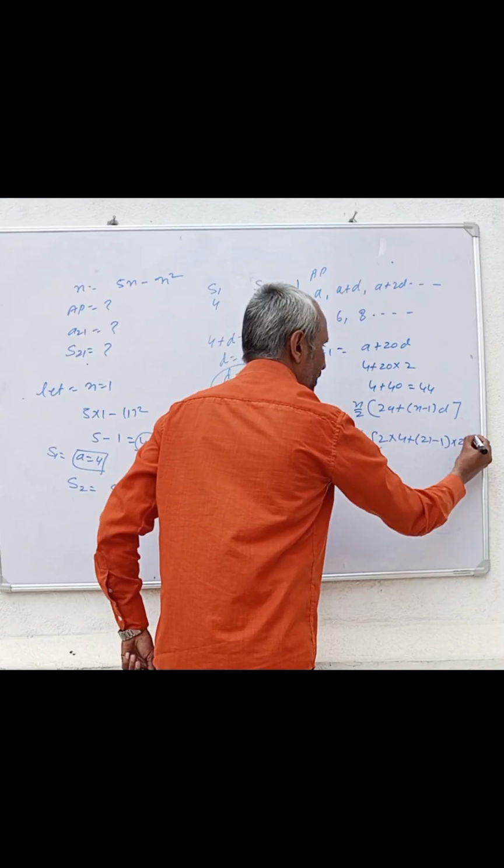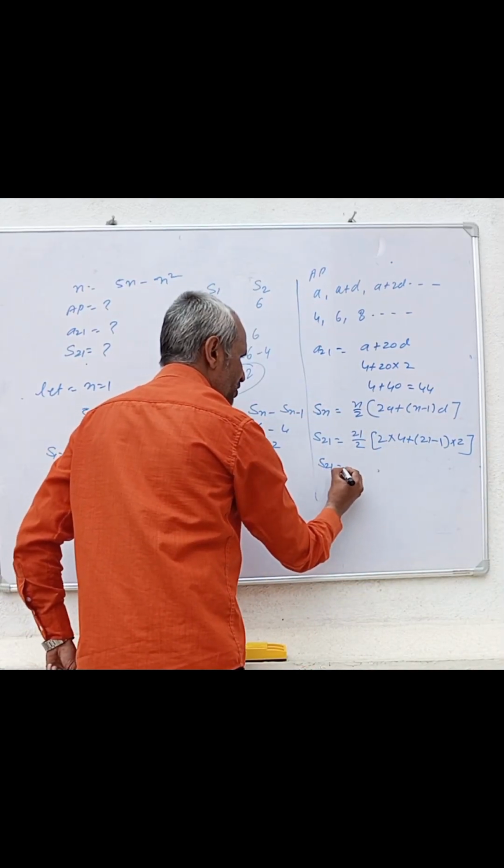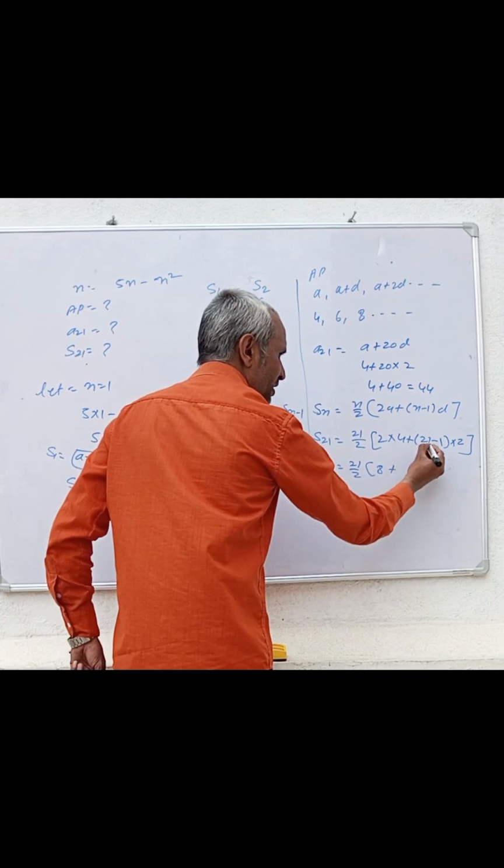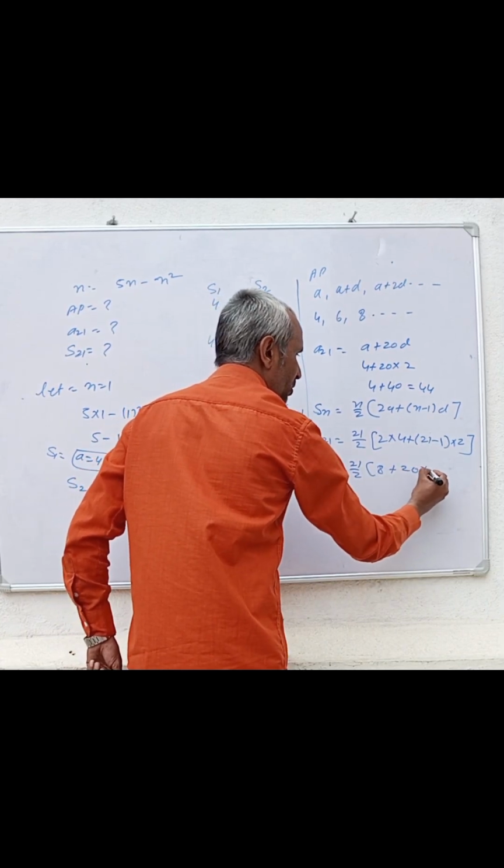So S21 is equal to 21 by 2 into 2 fours are 8 plus 21 minus 1 is 20 into 2.